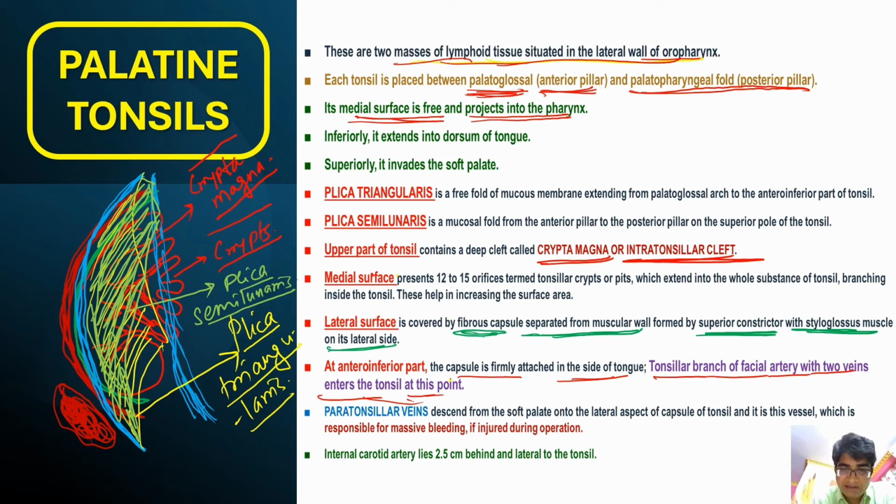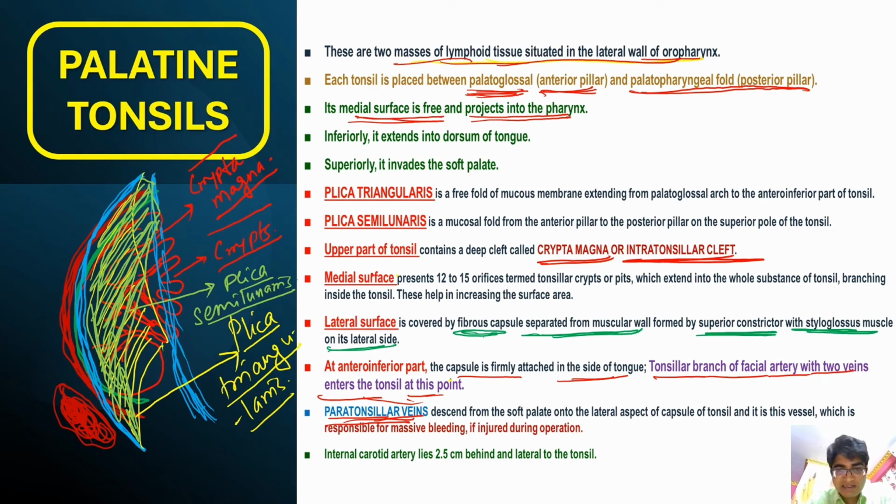Next, the paratonsillar veins, very important ones. They descend from the soft palate onto the lateral aspect of the capsule of the tonsil, and they are responsible for massive bleeding if injured during operation. So paratonsillar veins are the most important source of operative primary hemorrhage during tonsillectomy.